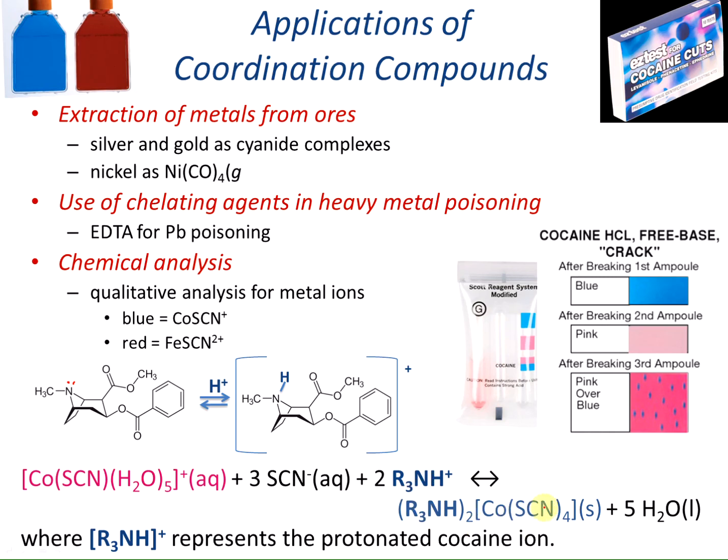Here the cobalt goes from an octahedral complex to a tetrahedral complex, and this complex has very poor solubility. So going from the octahedral pink form to the tetrahedral blue form, the solubility is very poor, and it precipitates out. This is how you actually detect that cocaine is present.